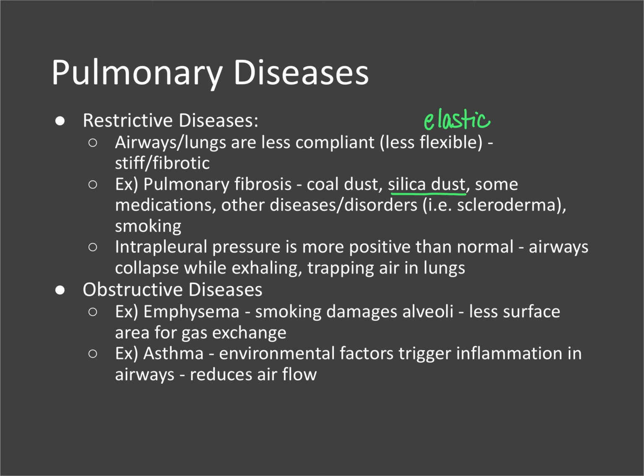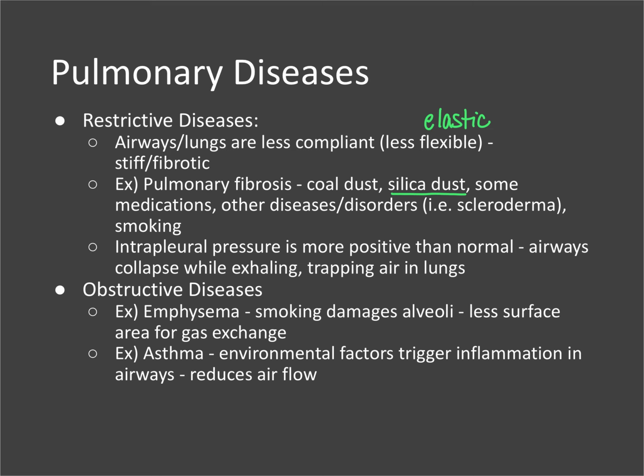Obstructive diseases occur when it's harder for air to get in and out of the lungs or for gas exchange to occur. So two examples here. One is emphysema, a disease that occurs when someone is a long-term smoker, and the tar and materials from the smoke can damage the alveoli.